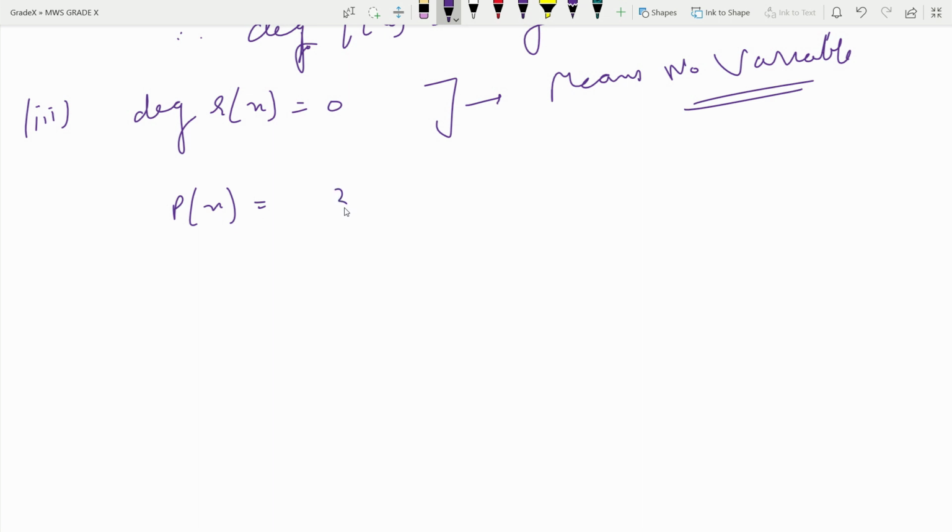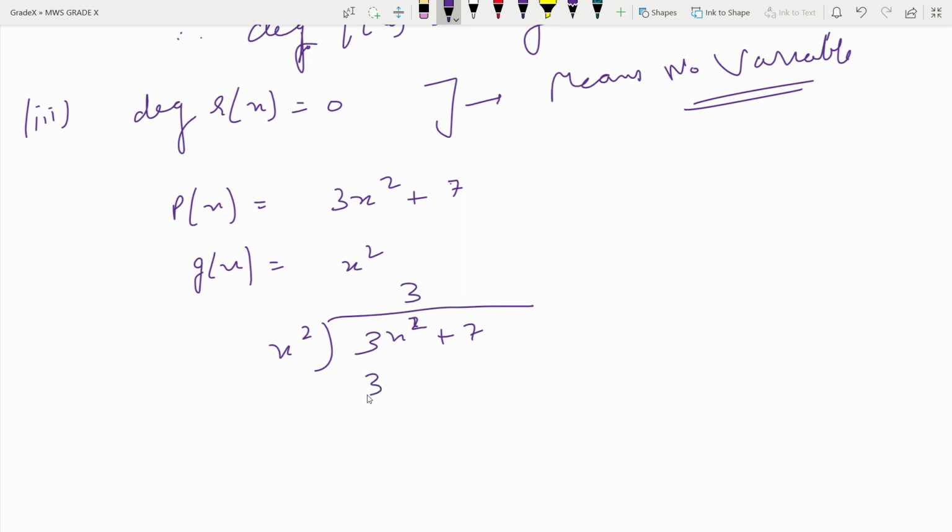Take any 3x square plus 7. Dividing 3x square plus 7 by x square, it will be 3. 3 into x square, 3x square, sign change cancels out.